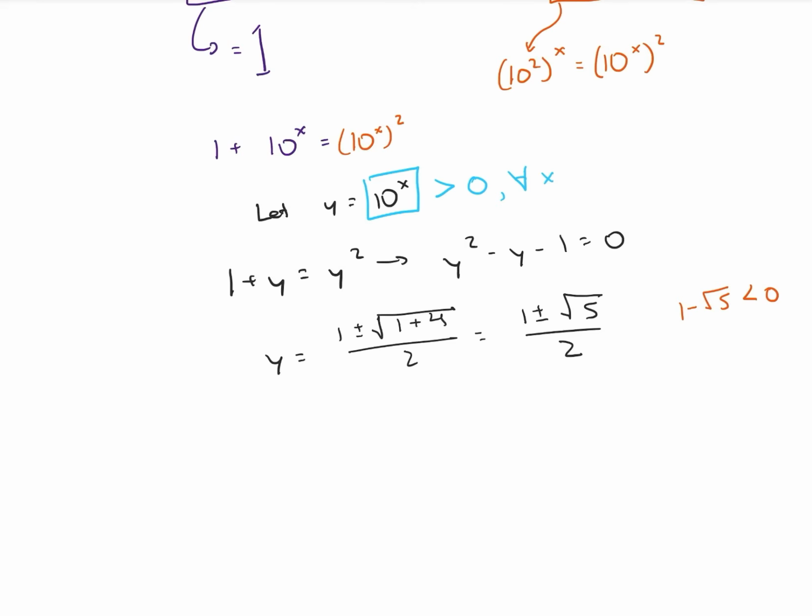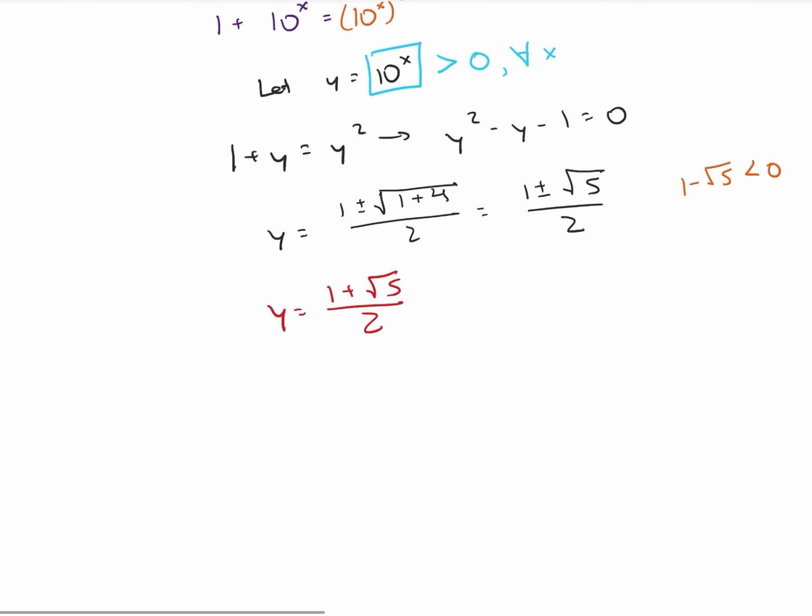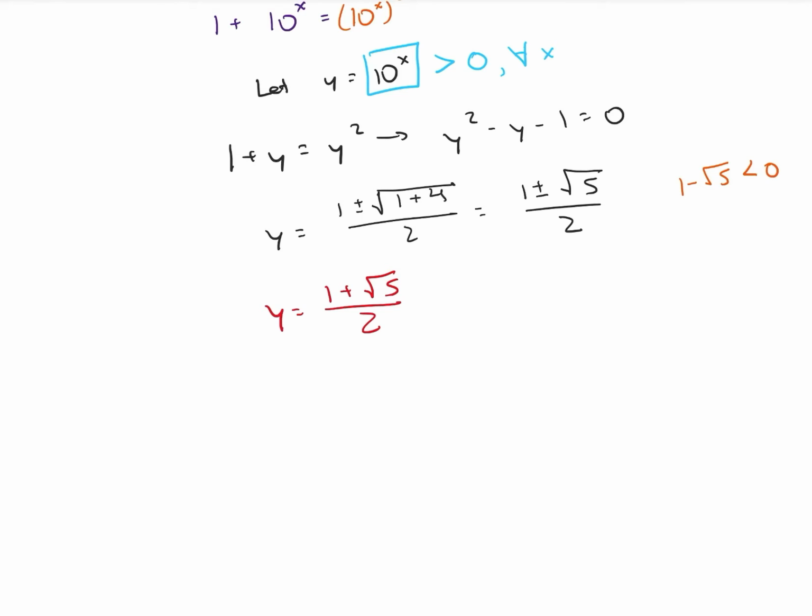That means that the y solution we're looking at is just going to be y = (1 + the square root of 5) over 2. So now we've simplified my problem. And all I'm really solving now is that y, which is (1 + the square root of 5) over 2, using this equation here, is going to be equal to 10^x.